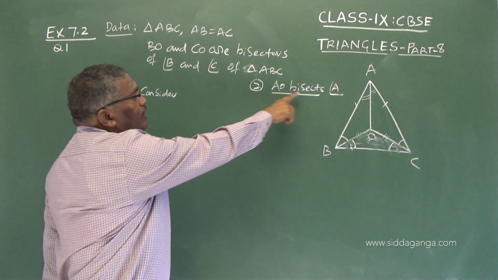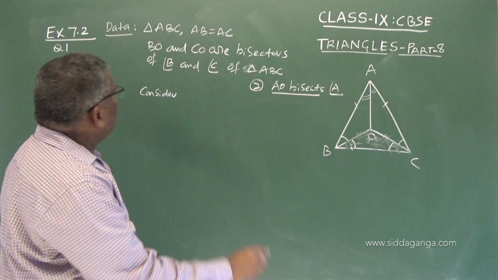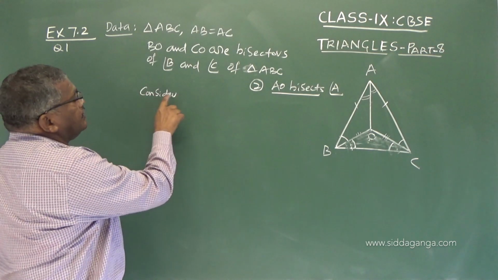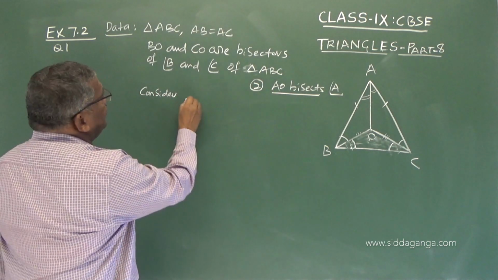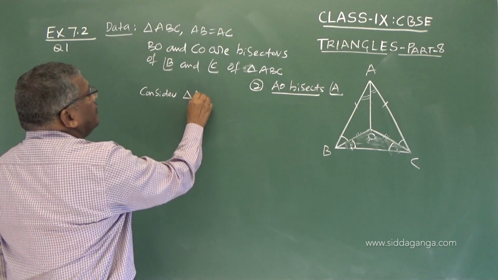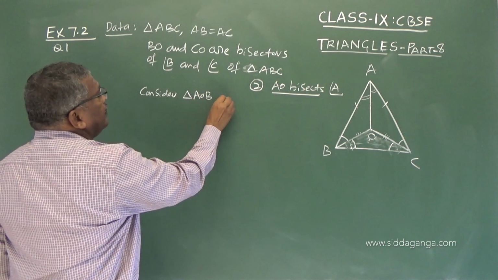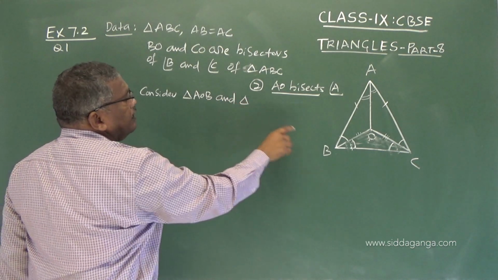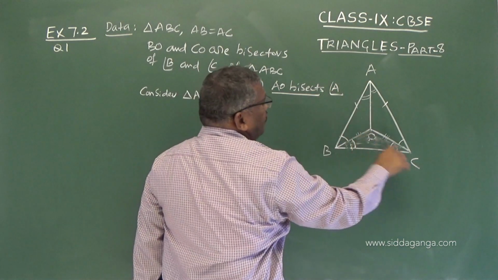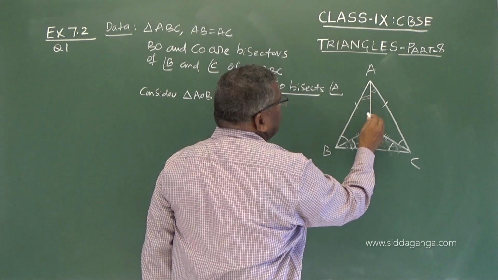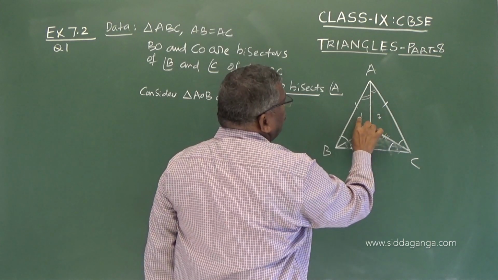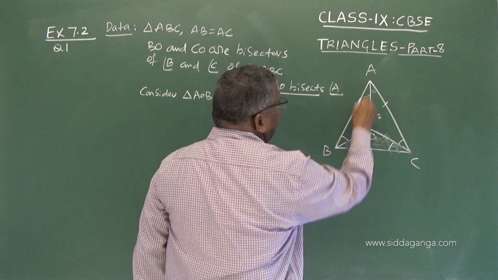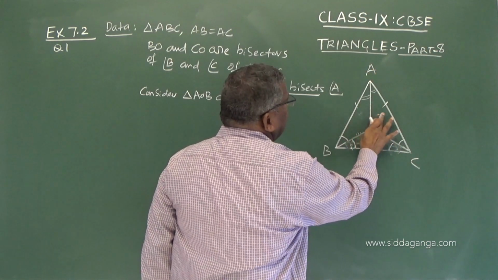To prove AO bisects A, consider triangle AOB and triangle AOC, these two triangles AOB, AOC.